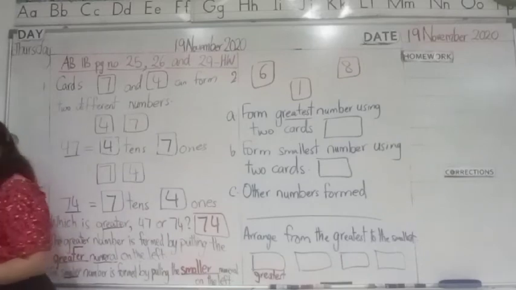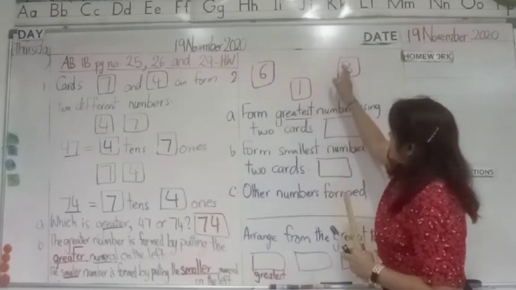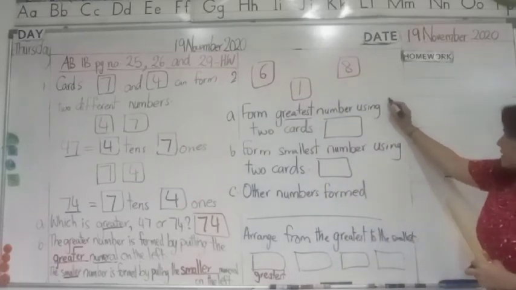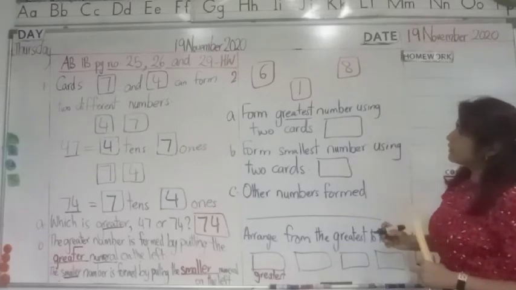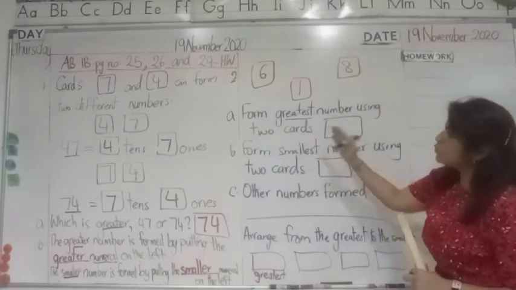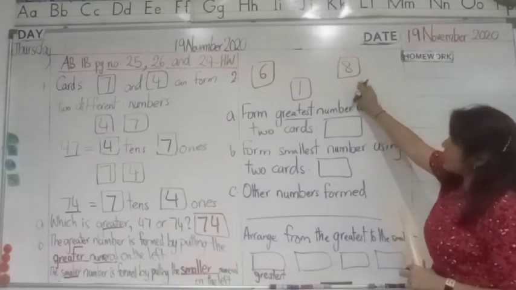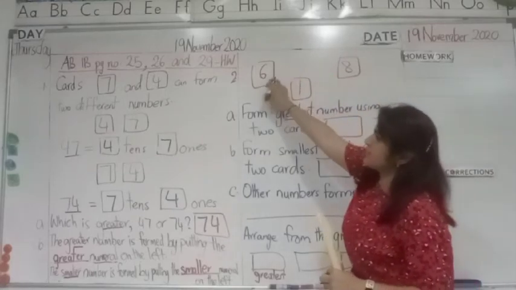How will you do tens and ones placing? Which is the greatest number here? Out of 6, 1 and 8, which is the greatest? 8 is the greatest, correct? And then they want you to form the greatest number using 2 cards. So what would be the greater number, 81 or 86?